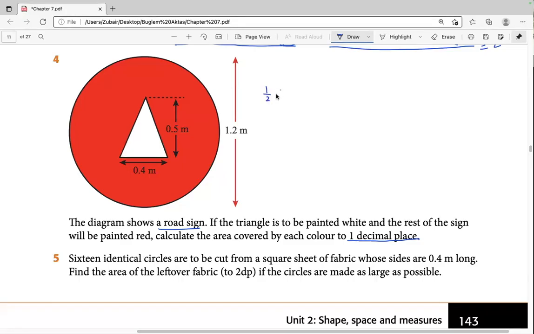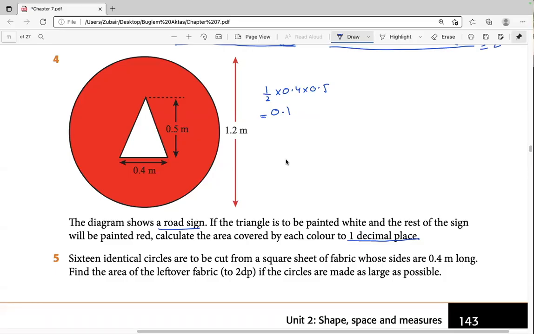That would be 1 by 2 into base times height. So 1, 0.1, 0.1.